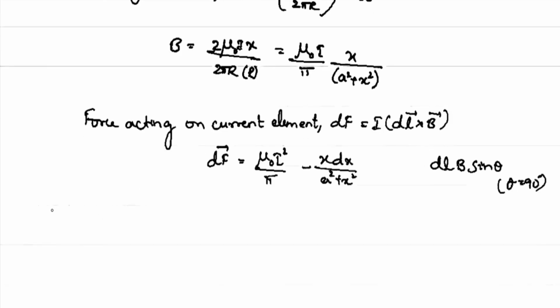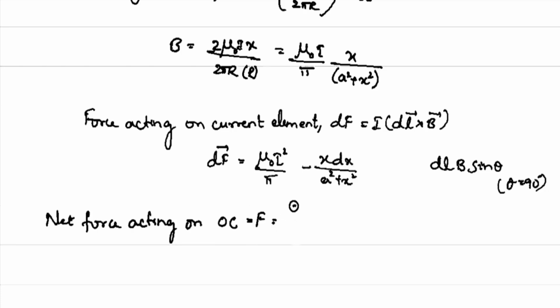Now simplifying this, if this is the small force acting on that small current element, then the net force acting on the wire OC will be F equal to integral of dF.